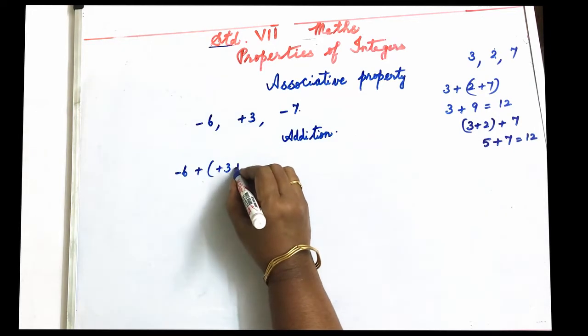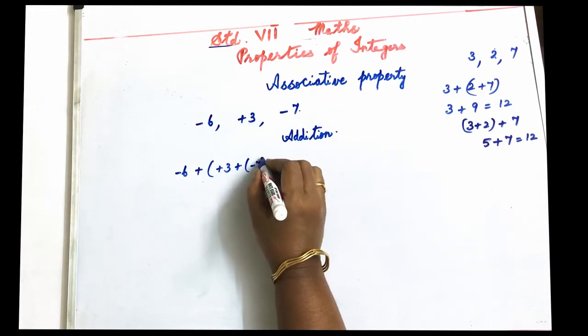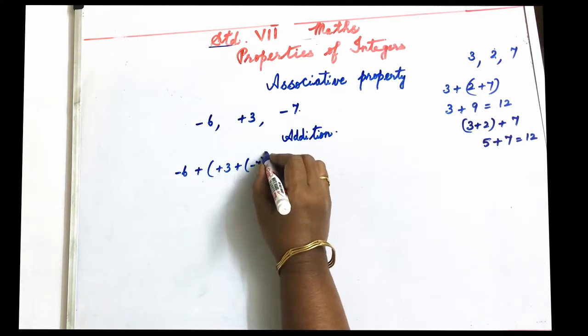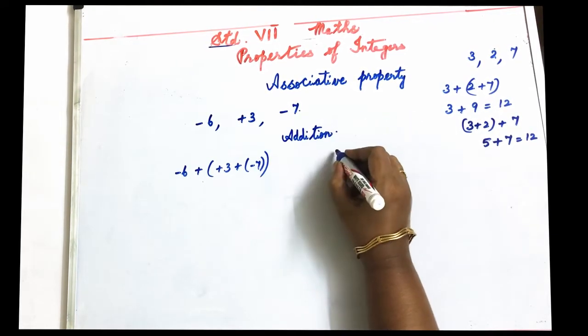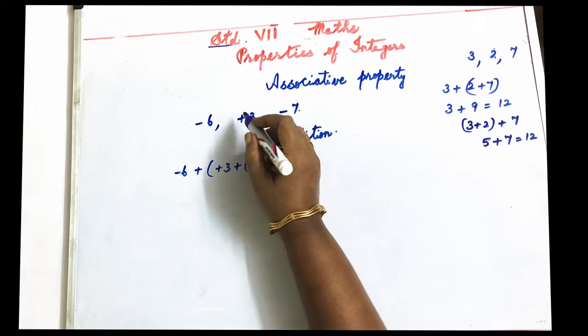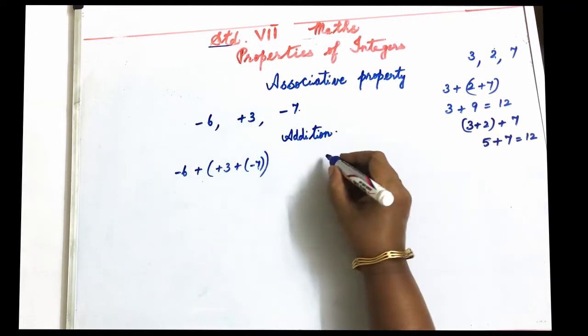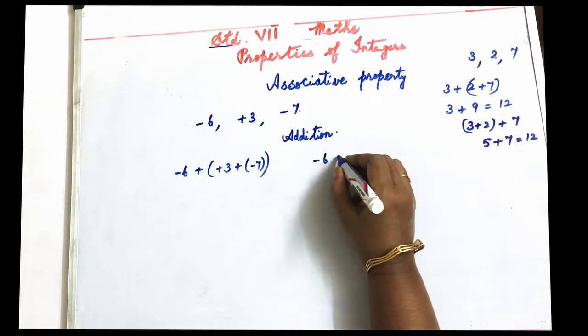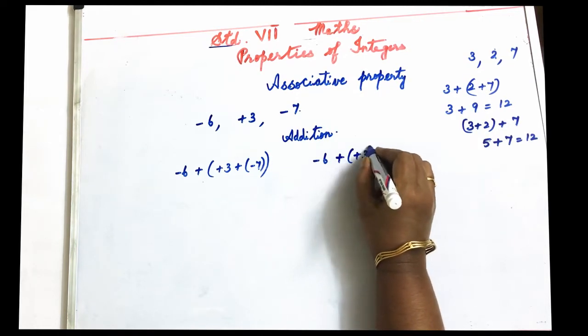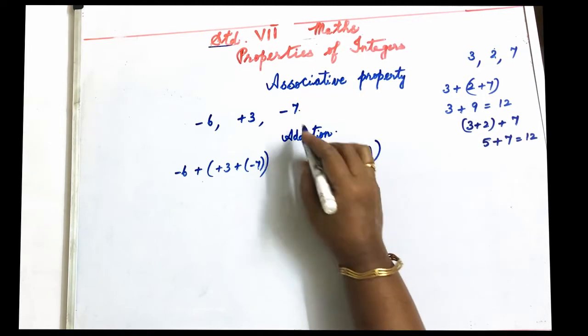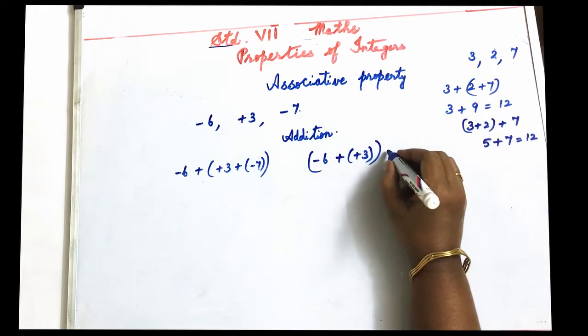So plus 3 plus minus 7. Then close the bracket. Now another way, on the right side, we are going to group the first and second integer. So minus 6, because it is addition, plus 3. Now the third integer is left alone.